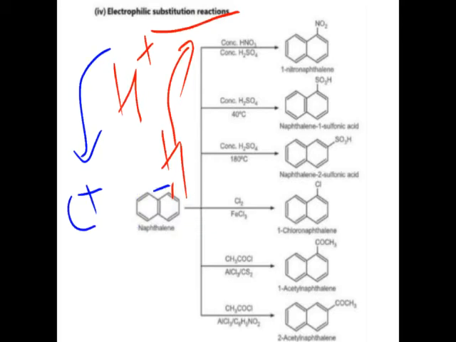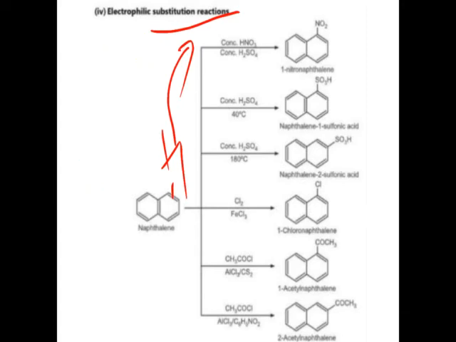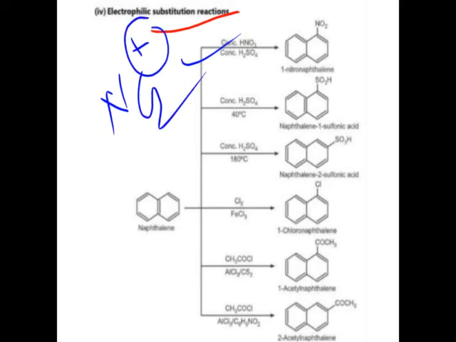First reaction is the nitration reaction, and we know that the nitration reaction always takes place in the presence of concentrated sulfuric acid and concentrated nitric acid. So they give NO2+. So the hydrogen leaves as H+, the carbon gets a negative charge, and it binds to this position.